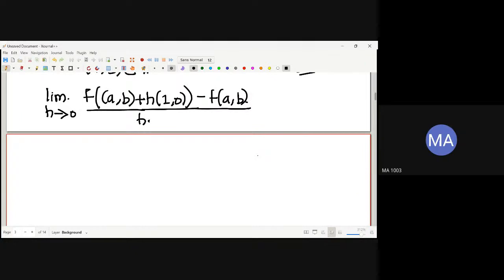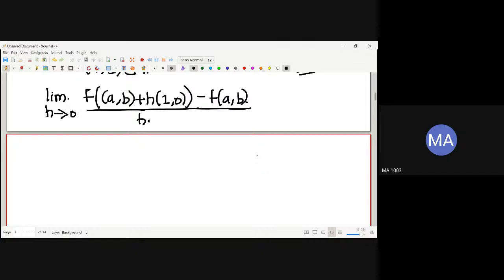So what it's basically saying, if you take the point, let's say this is your 1 comma 0, and let's say this is your a comma b, right? What will this thing represent?